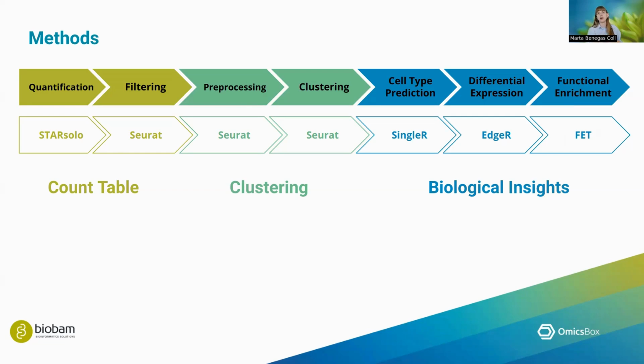And finally, we will start asking questions to our dataset with a differential expression analysis with a single cell adaptation of edgeR. And we will ease the interpretation of those results with a functional enrichment analysis.